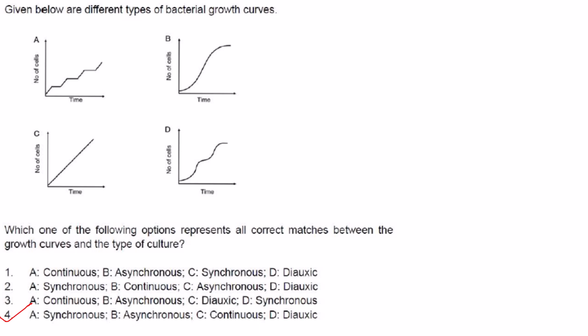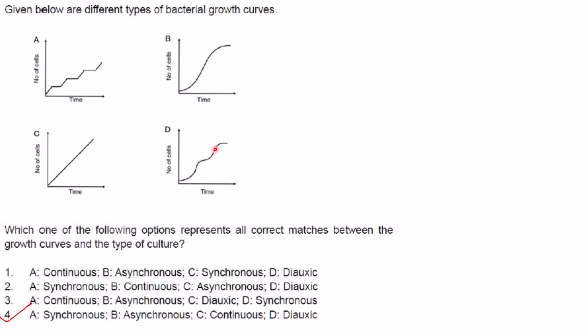Then diauxic. Diauxic is when you add two different sugars to the medium, say glucose and lactose. Bacteria, you all know, have more preference towards glucose than lactose. So it will utilize the glucose first, the glucose will be depleted from the medium, and the bacteria will go to a slowing down phase of growth, so that it prepares itself to start utilizing the second sugar, that is lactose, and this is the lag phase.